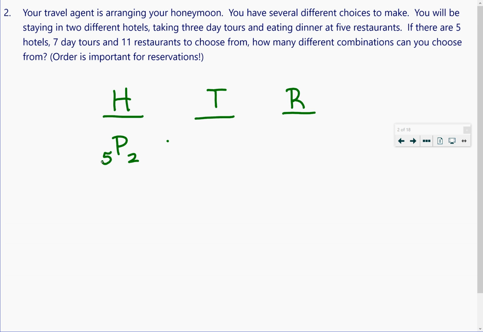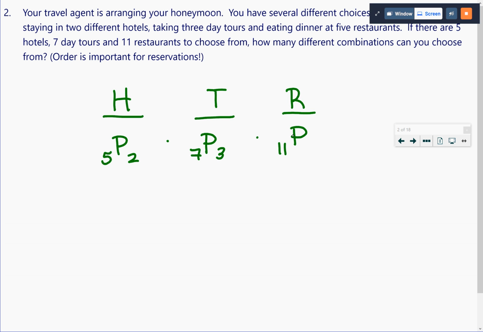What am I going to do? 7 P 3. 7, choose 3. Order is important. And then restaurants. How many restaurants do I have to choose from? 11. And how many am I picking? 5. And then this is where you'd want your graphing calculator probably.